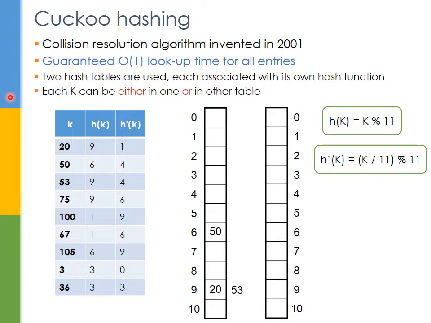And this is where the cuckoo idea comes in. We are not going to send 53 to the second table with its second hash. Instead, we will give 53 some agency. 53 is new in this world, it has just gotten its hash of 9, and it believes that it deserves to be in that place.